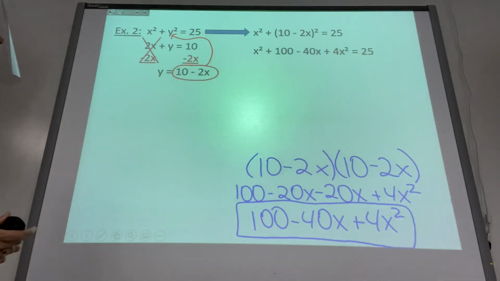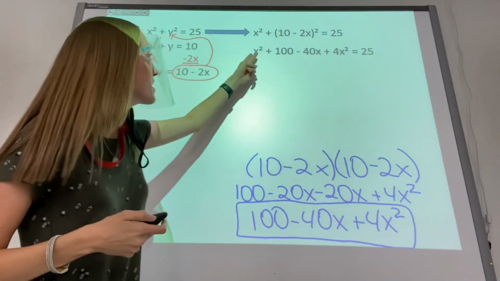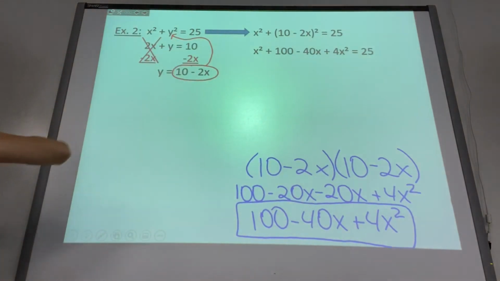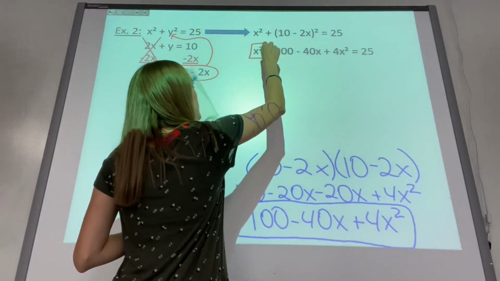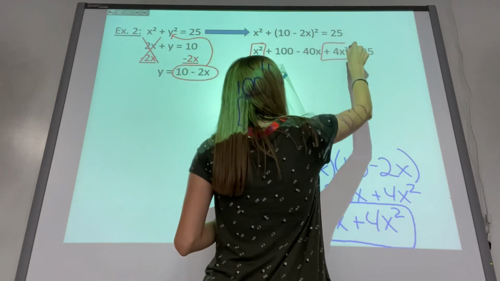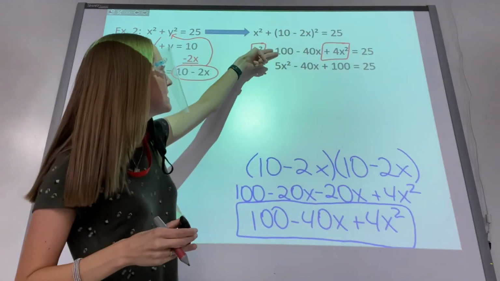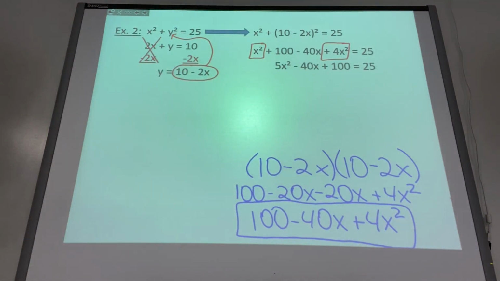Oh gosh, I'm seeing the squares here, and I'm wondering if we're going to have to solve this by factoring. Let's get some of these like terms together. So what I did from this step to that step is really just take the x squared plus 4x squared.